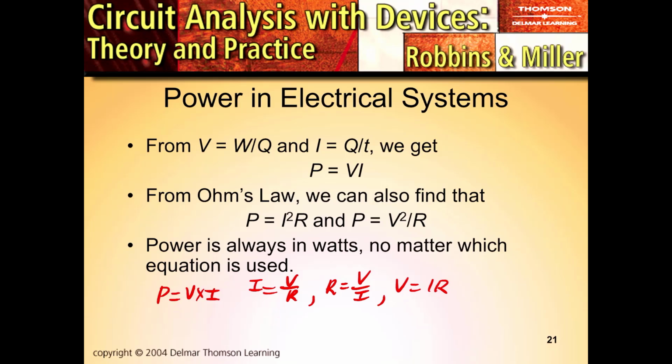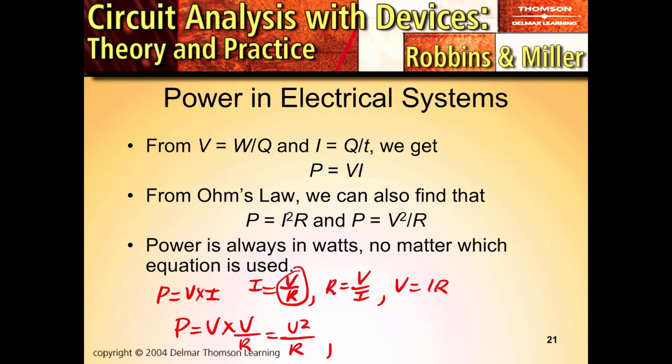So let's say we wanted to define power in terms of V and R. What it means is we take P equals V times I, expressed as V and R, to give us V times V over R, which equals V squared over R.